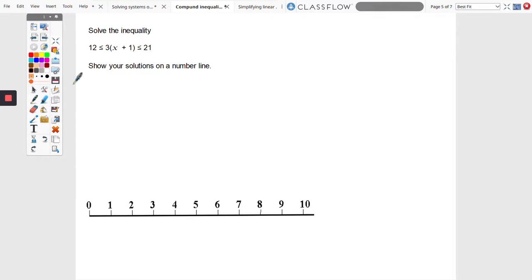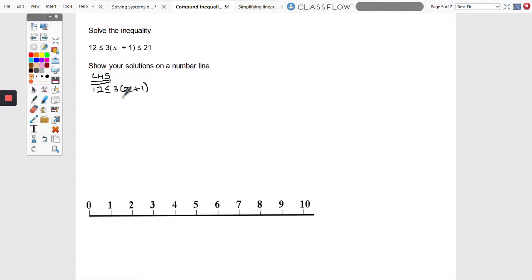So slightly different one now because we've got some brackets, but we're going to go through the same process again. So we'll start off with the left hand side, and we've got 12 is less than or equal to 3 bracket x plus 1. Now you've got two options here.